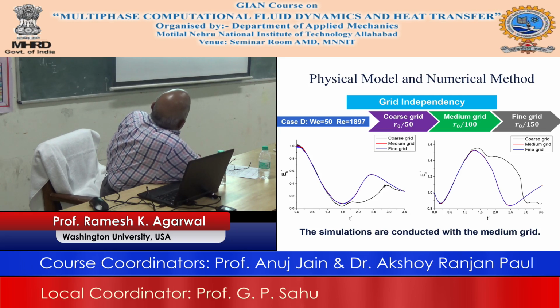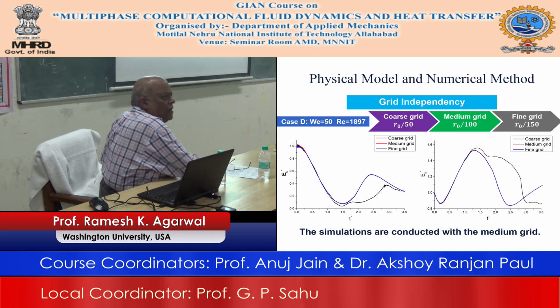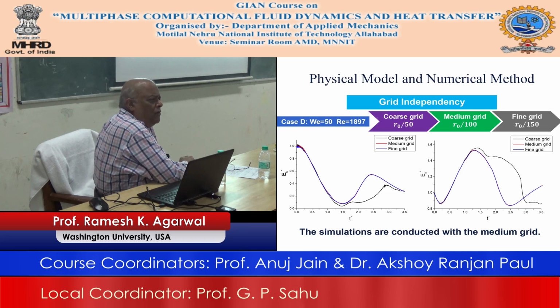So you need a medium or fine grid to really get the solution, and you can see that the cell size based on the radius is 50, 100 and 150. So you have to have a minimum cell size which is smaller than R over 100. This is a study you must do to make sure that you have the right amount of grid to have trust in the solution.